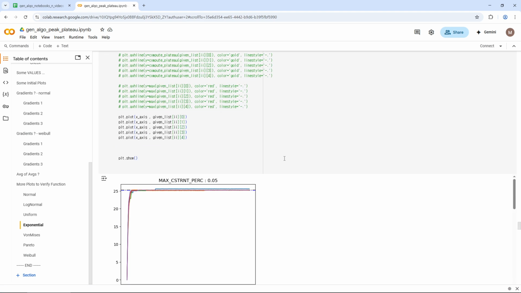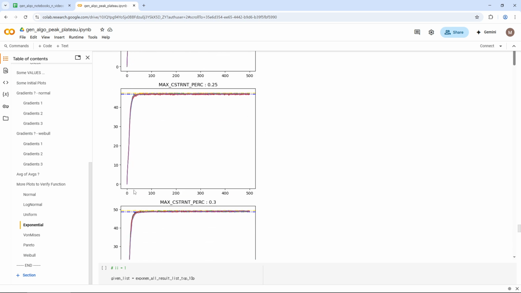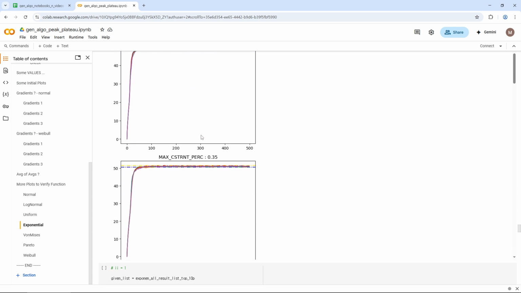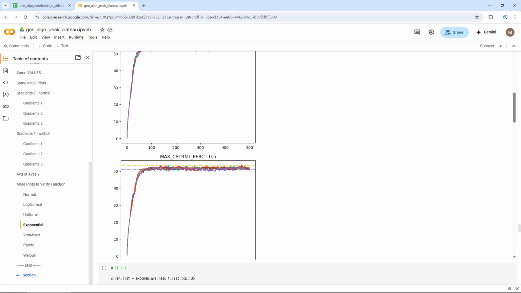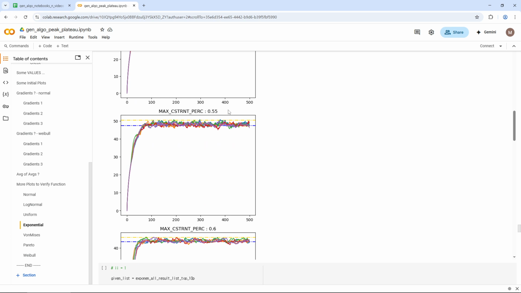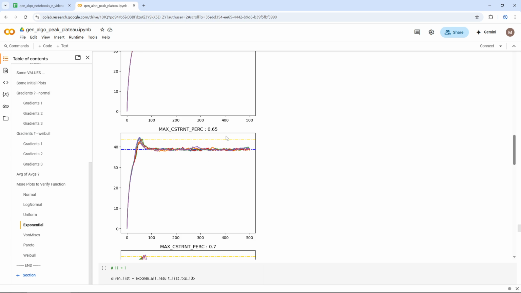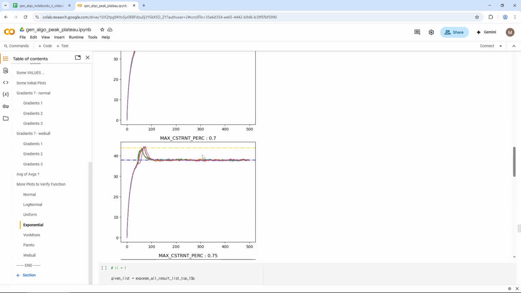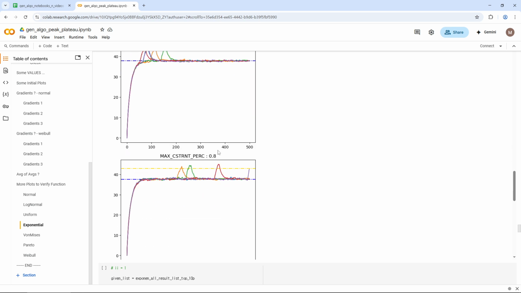And for the exponential distribution, same. You now start seeing the two lines begin to separate. Okay, at 45%, 50%, 55%, the blue line, 60% over there, 65. Yes, now the blue line is the plateau level, 70 plateau level, 75 plateau level, even though the peaks happen at different generations.